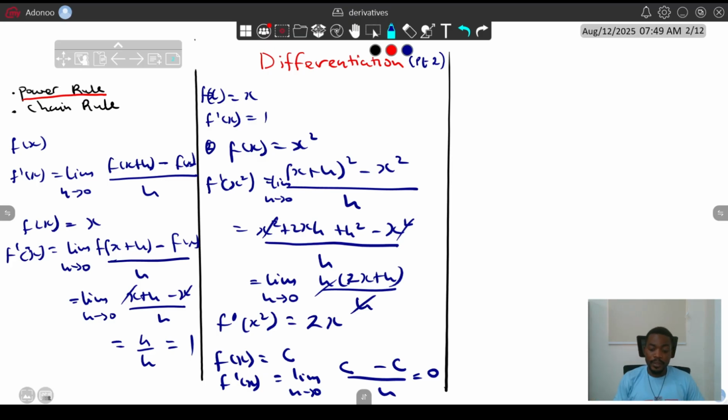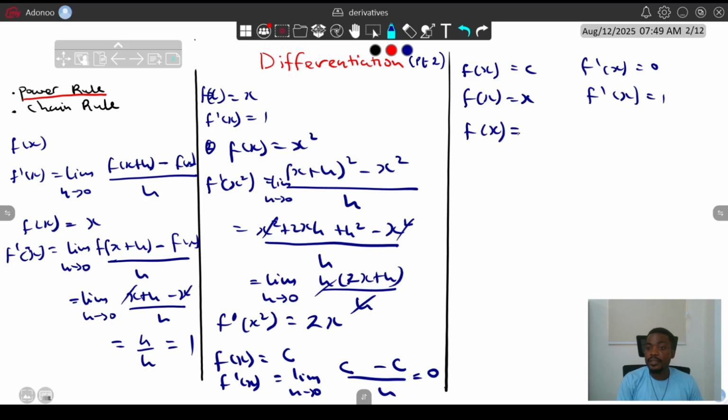Now if you look closely, you can see that there's a pattern. If f of x equals c, f prime of x equals 0. F of x equals x, f prime of x equals 1. F of x equals x squared, then f prime of x is equal to 2x.